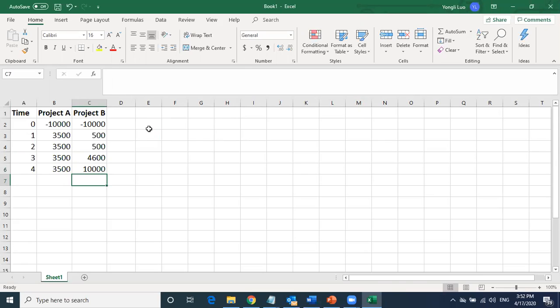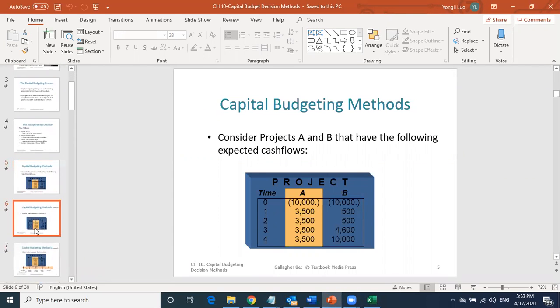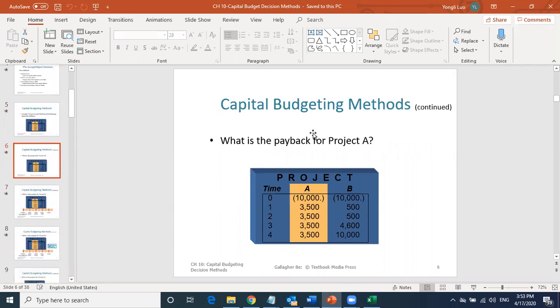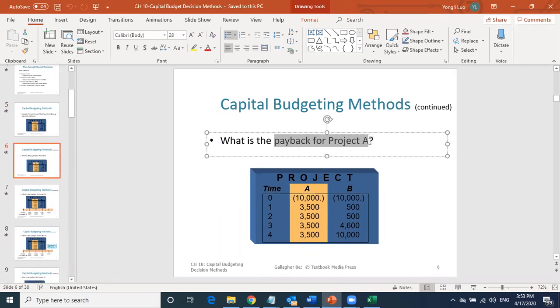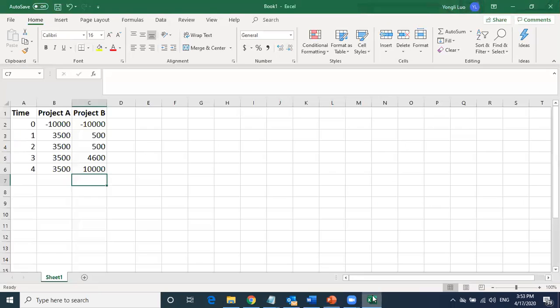We're going to go over each method and show you how to make a decision. What is the payback period for project A?